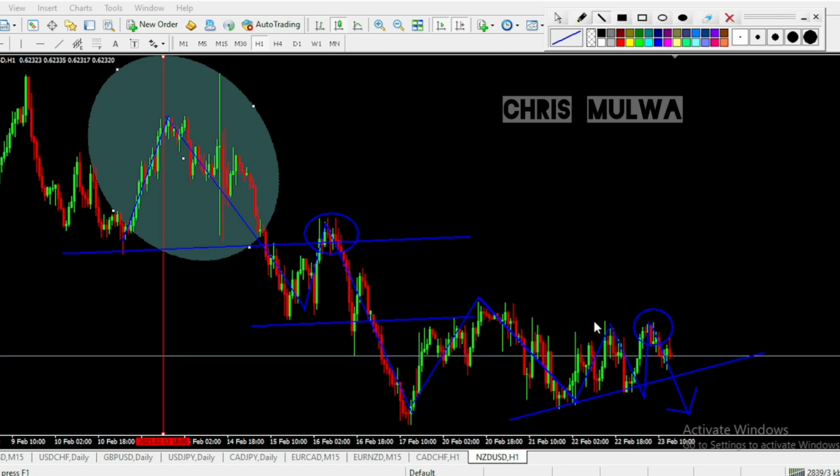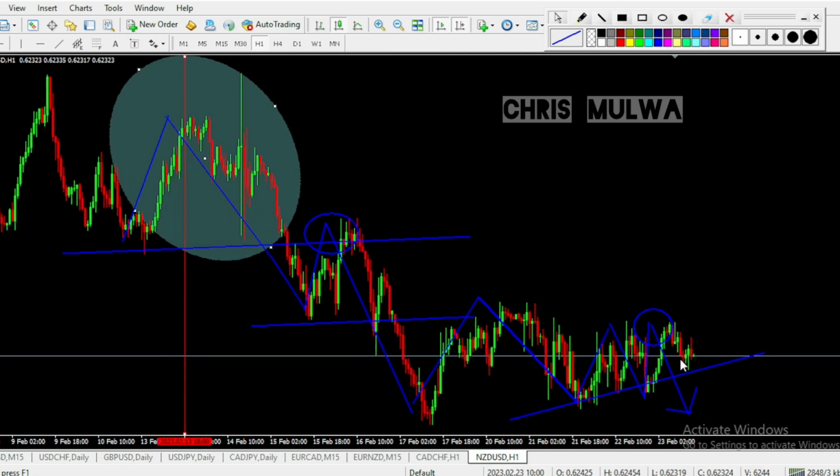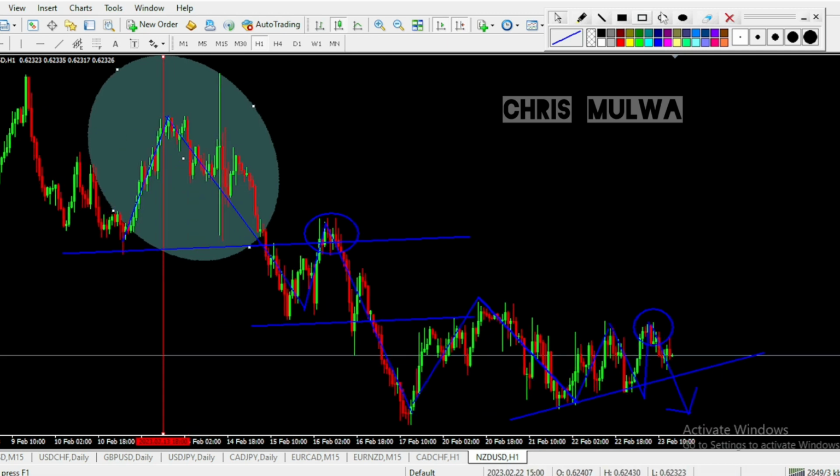You can use this, even though I will not place a trade, you can use this to place a trade at this point. You place a sell. If at all you trust you, place a sell at that point.